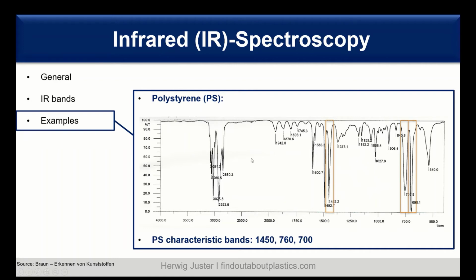And now what is really characteristic for polystyrene is the 3 bands, the 1450, 760 and 700. So when you analyze the sample, this is nowadays automatic, it starts searching different saved infrared profiles, and can match it then. But it's good to show here now that polystyrene has these 3 characteristic bands.